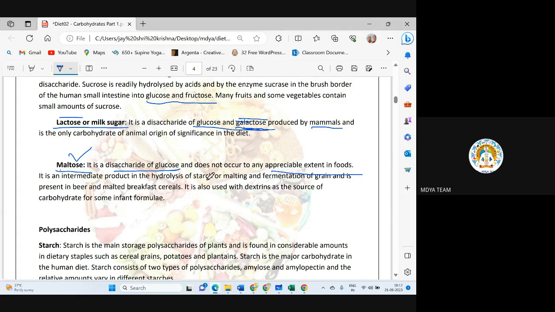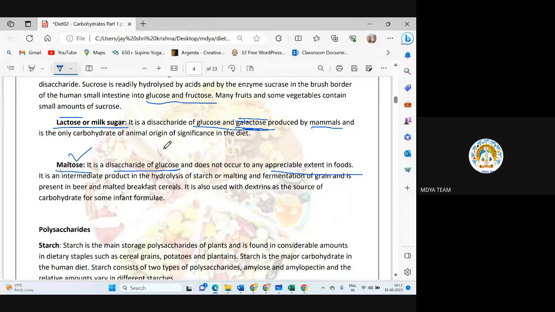When we do malting of starch, basically just like galactose, maltose is also not found naturally. But when we do fermentation of starch, meaning the process of making alcohol, we keep some starchy food for a long period of time.